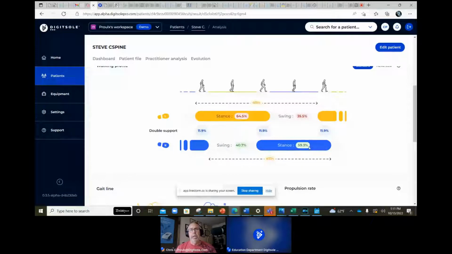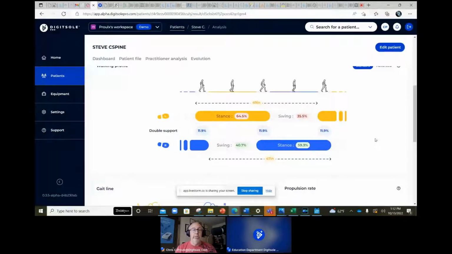When we're looking at the spatial temporal parameters of a walking profile, the average is about 60% spent in the stance phase, 40% in the swing phase. So for him to have similar stride lengths, when he has a very long stance phase, it means he has to move through the swing phase more quickly on that leg.